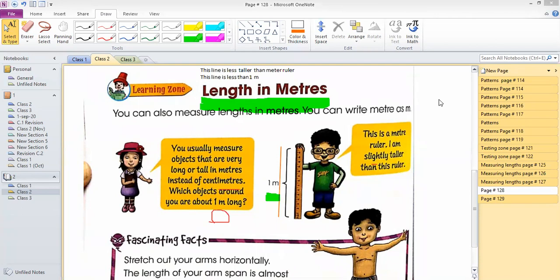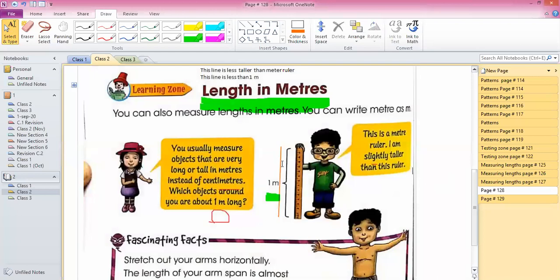Yes, it is measured in meters. This ruler's length is 1 meter. So this line's length is also the same as this ruler. So we can say, sir, this line is about 1 meter tall.